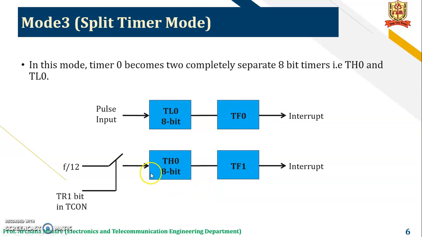And here the input is given from the crystal oscillator frequency divided by 12 and the TR1 bit in the TCON register. This input is given to the TH0 register, which is 8-bit. If it overflows, then the overflow flag will be set and the interrupt is generated.